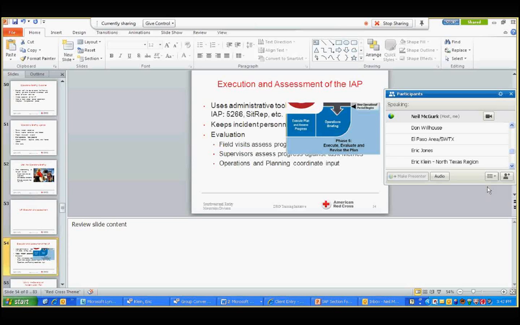But you're always going to have that issue, whether we're sending somebody from a region to a territory to support an operation, or from a division or from national. There's always going to be that assumption that someone is coming to take over. That's where we have to re-educate our leaders to say that your goal is not to take over, because operations are driven at the local level.